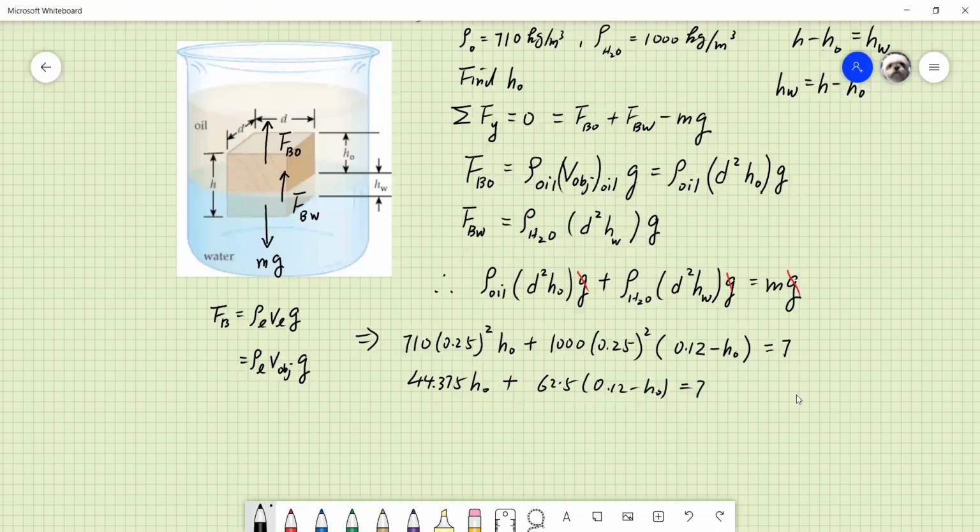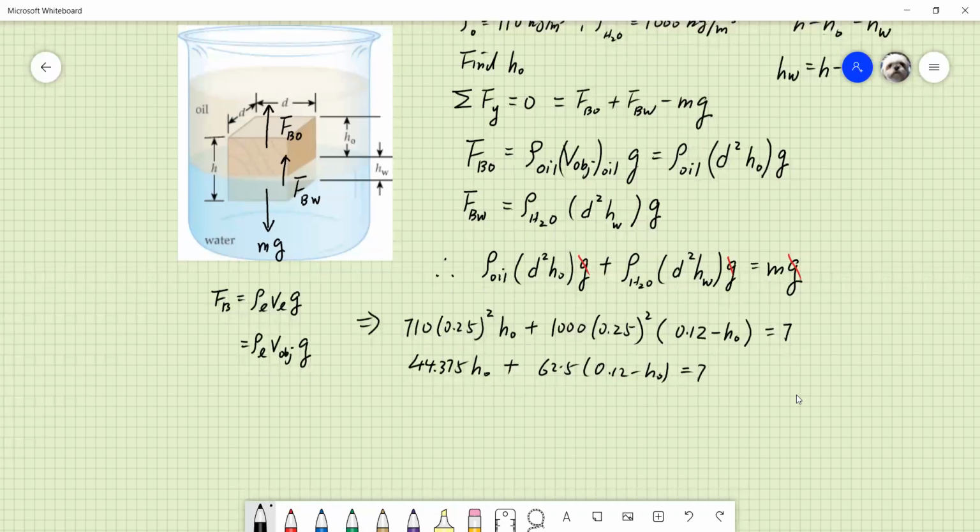Now then I'm going to collect all the terms in HO, right? So I have 44.375 HO plus 62.5 times 0.12, which is 7.5, minus 62.5 HO equal to 7. Am I right?